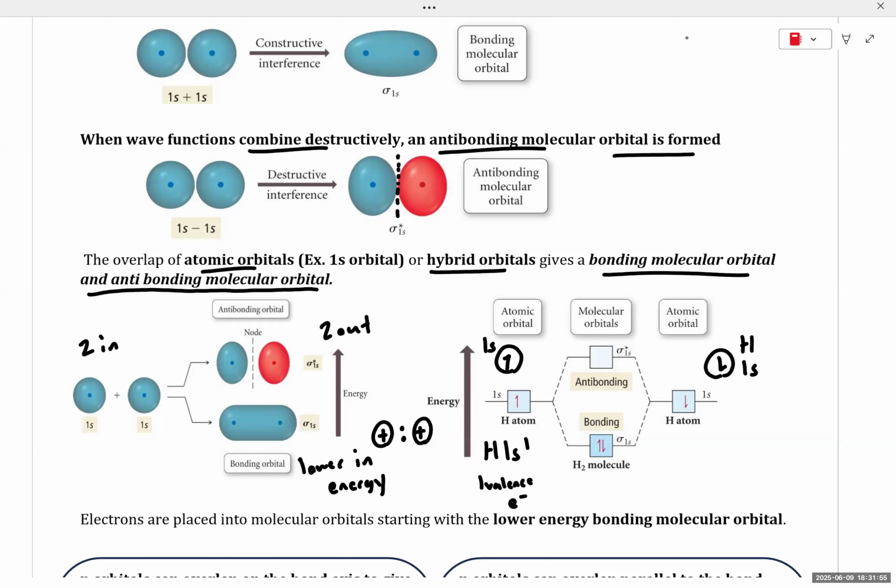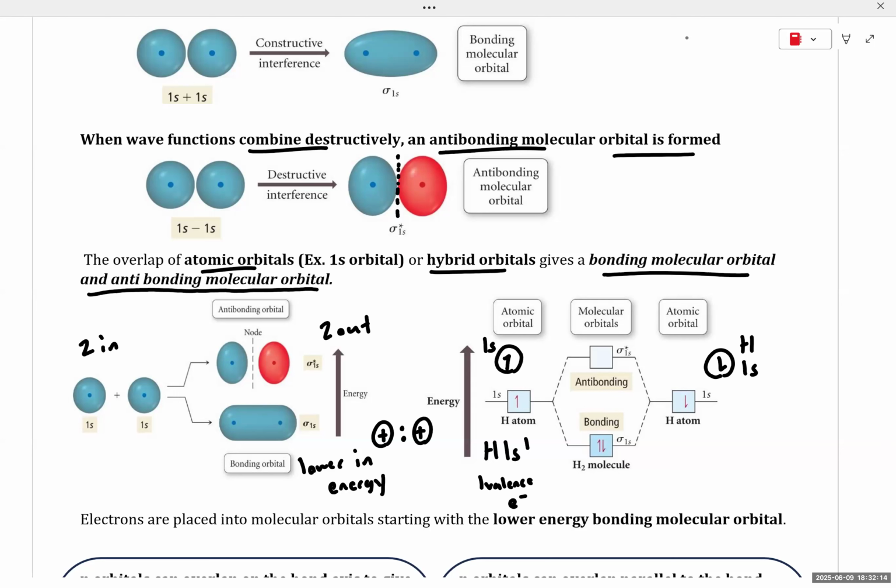These two orbitals overlap and generate bonding and antibonding molecular orbitals. We take our two electrons, one from each hydrogen atom, and we fill the bonding and antibonding molecular orbitals.